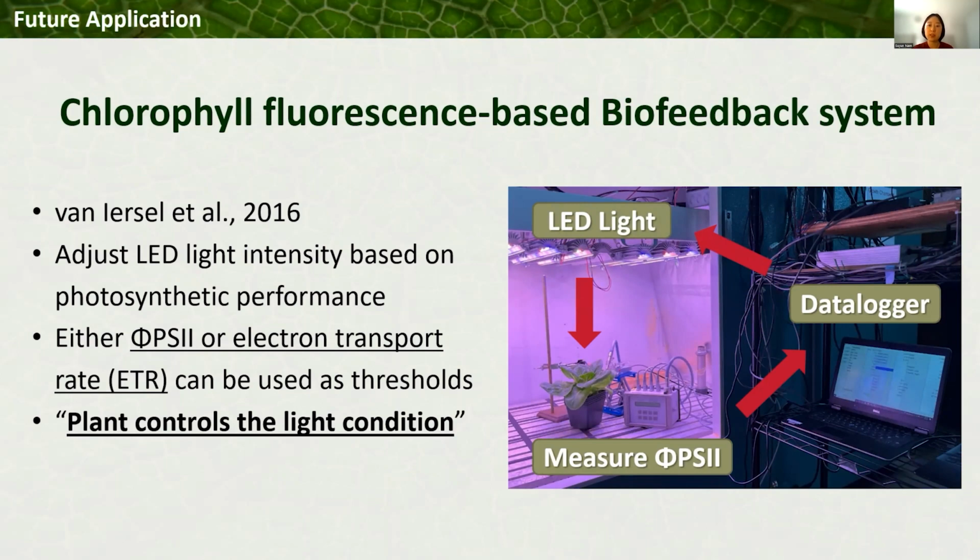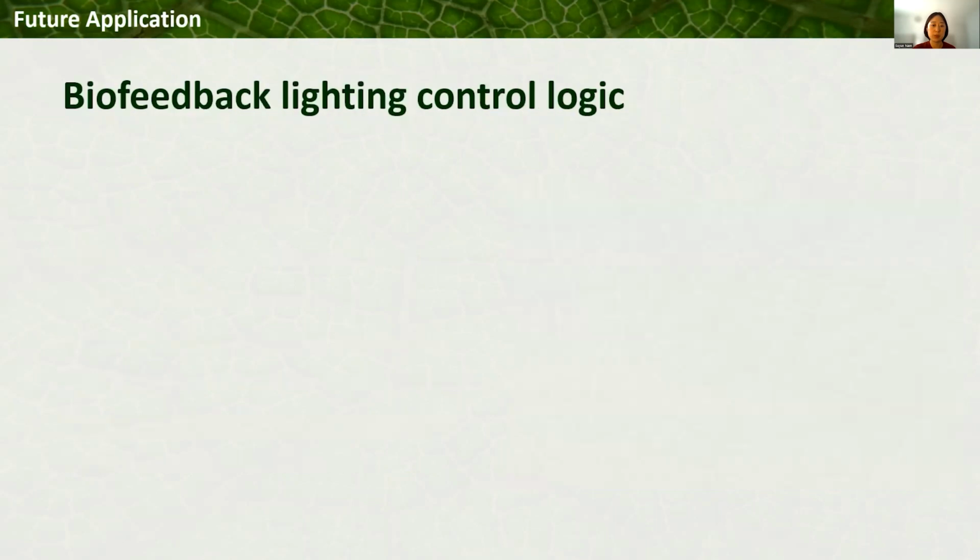And then it will affect the quantum yield again. So that's why it's called biofeedback. It's like a closed loop. And then we can provide the light intensity only as much as plants can use in an efficient way. And this system can be used in vertical farms and also greenhouses. Both growing systems can be used.